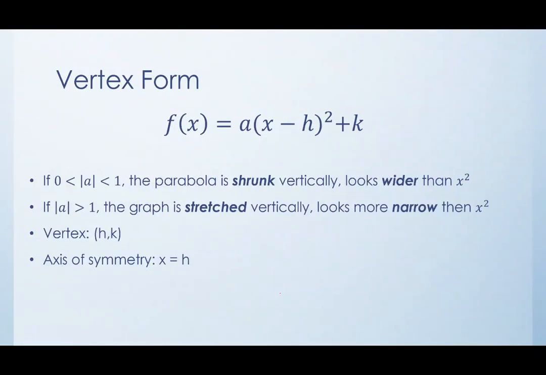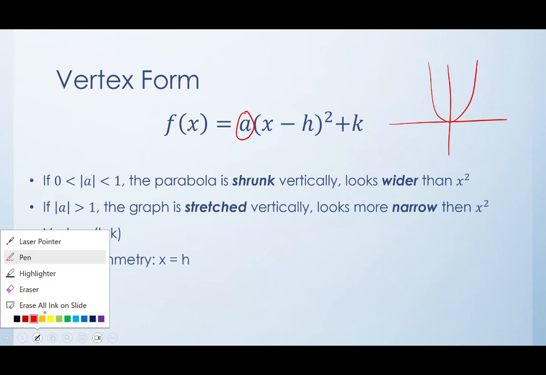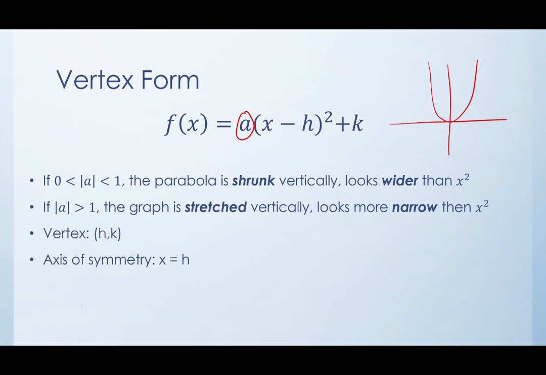Okay. So we'll do this one and then we'll break for the next video. So vertex form, what does the A do to it, right? It's the same transformation, same vertical stretch stuff as in chapter 3. If A is between 0 and 1, it's been compressed or shrunk, right? So our original parabola might look like that, and our new one with an A value that's like 1/4 x squared would look like somebody sat on it, right?